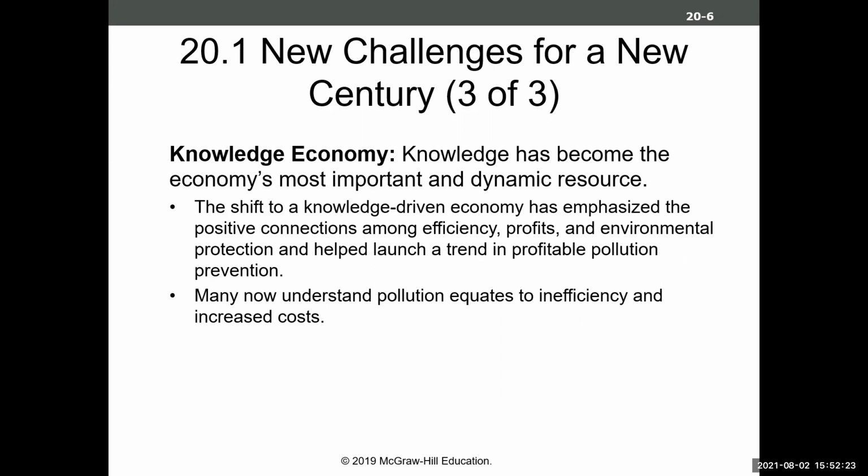We are also in what's known as a knowledge economy. Knowledge has become the economy's most important resource.